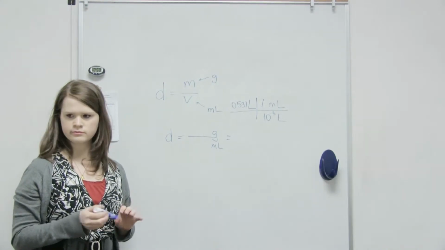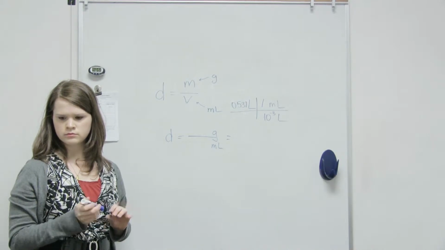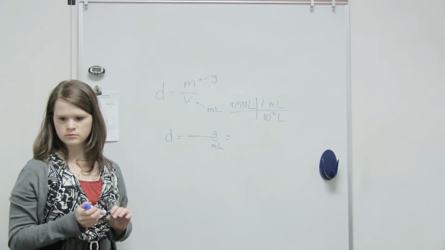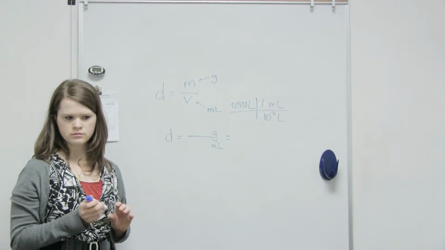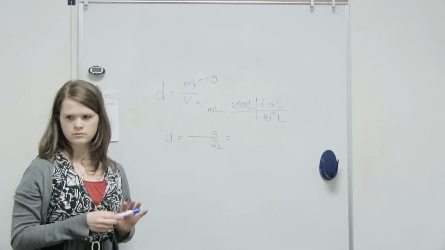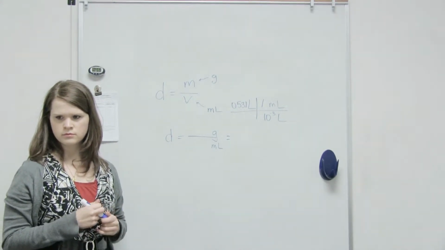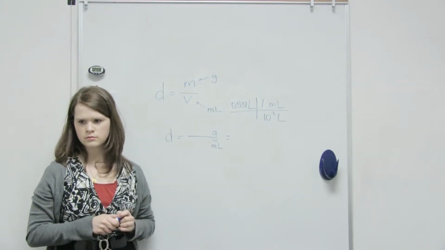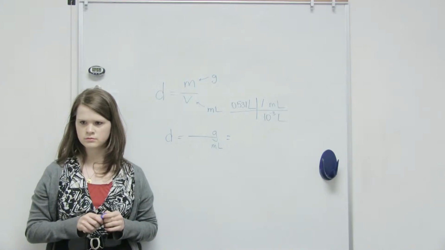But sometimes it doesn't always give it like that. Did you get some kind of problem where you had different numbers? You know when it gives you mass and density and you have to find volume?